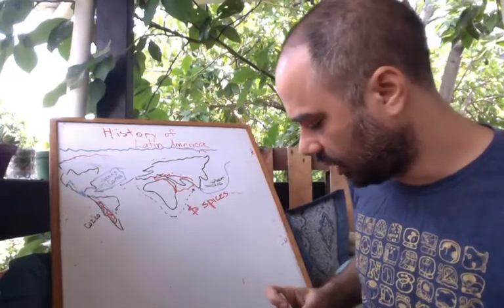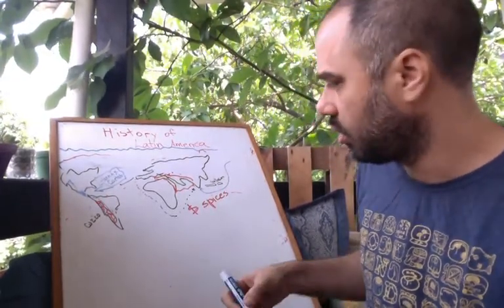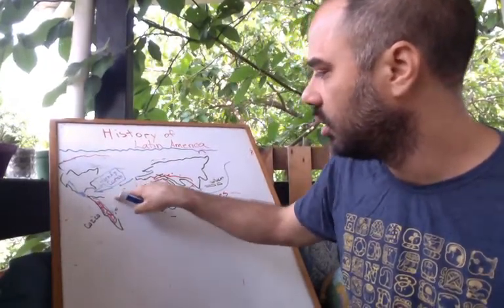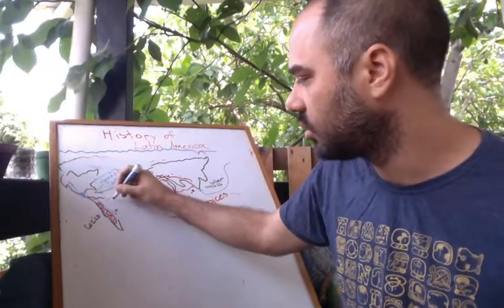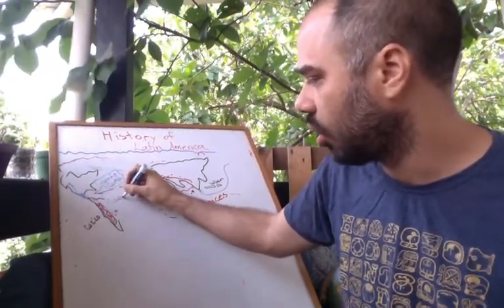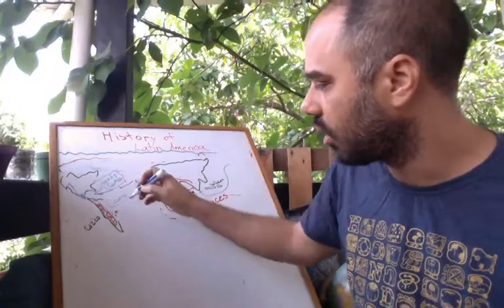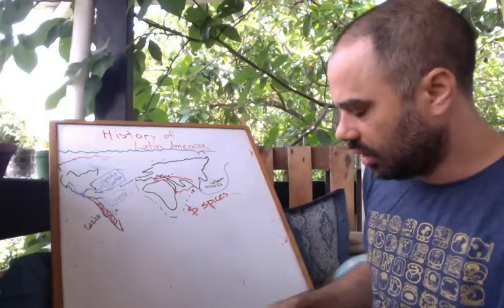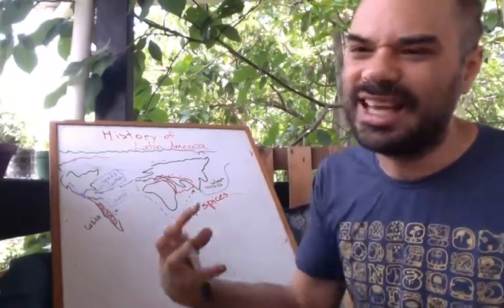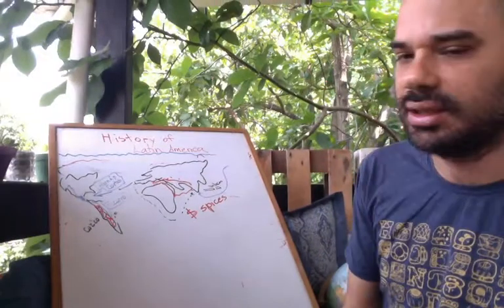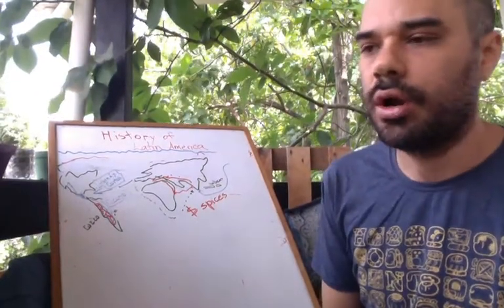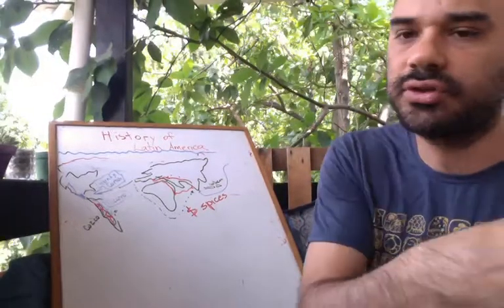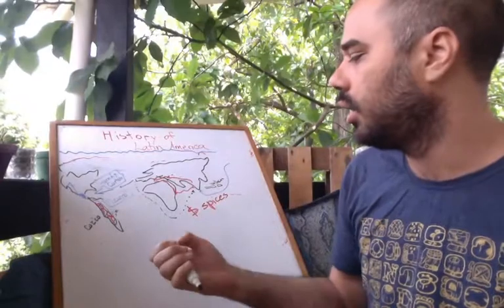It was Hernán Cortés for the Aztecs, and here was Pizarro. The conqueror of the Inca was Pizarro, and when he came with his Spanish, there was already a civil war, an internal war happening inside the Incan Empire, where two brothers were fighting over who was going to be the next emperor.